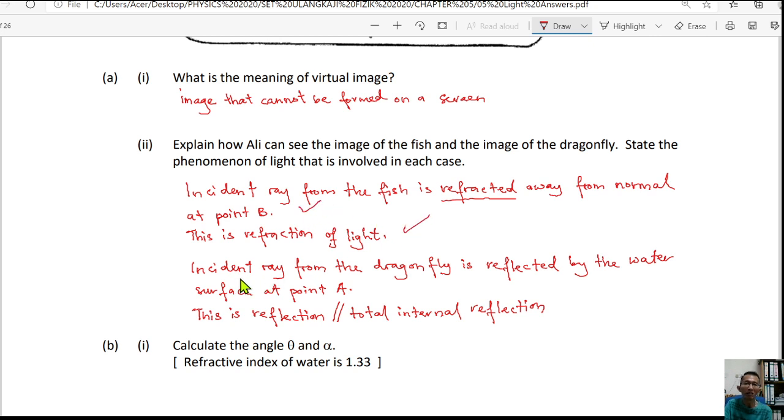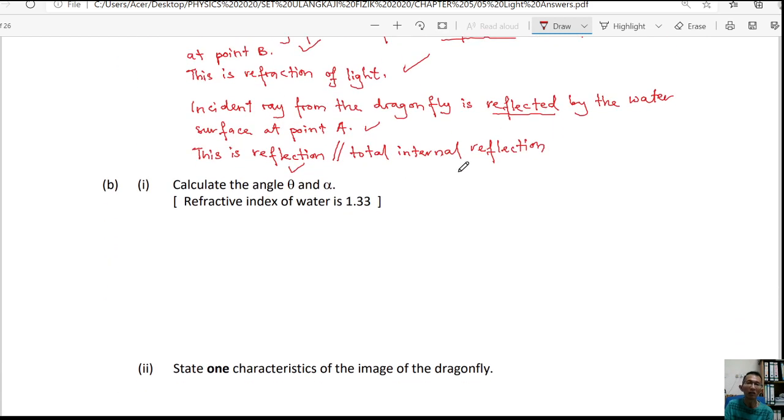And then the incident ray from the dragonfly is reflected by the water surface at point A. So this is reflection. To be more specific, it is total internal reflection.